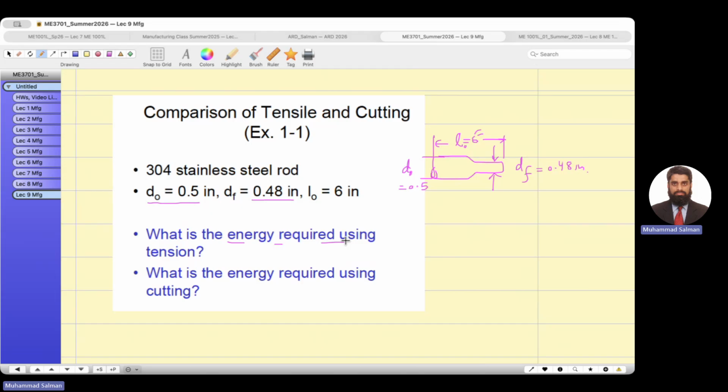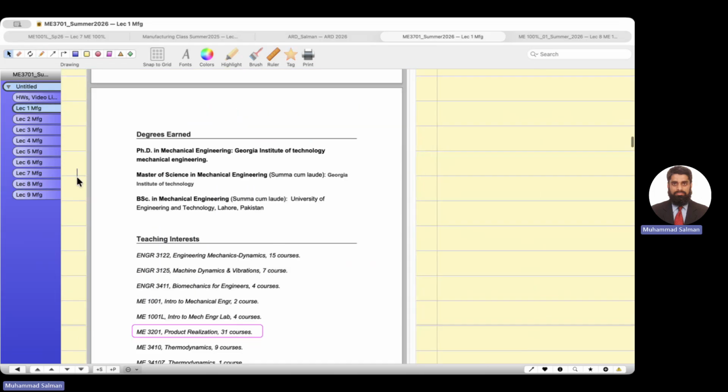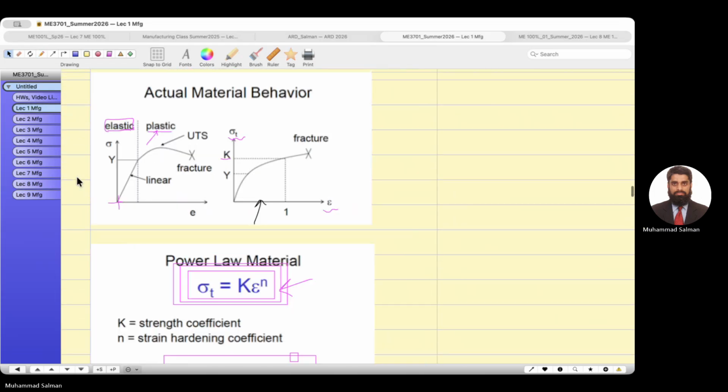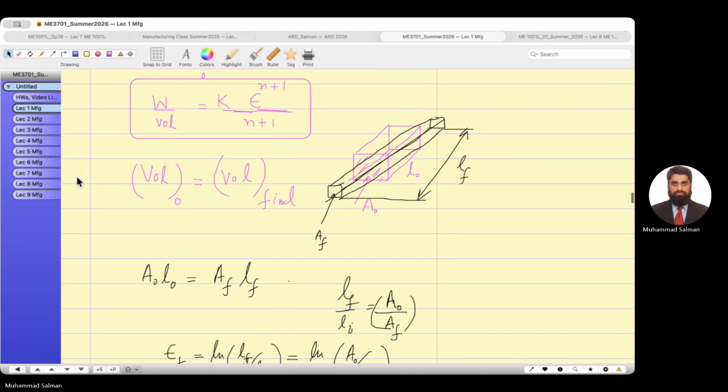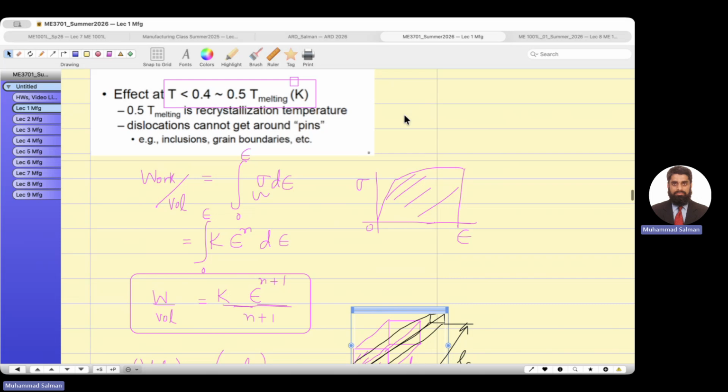What is the energy required using the tension formula? You remember energy required in tension, work per unit volume, average. If I go back to my lecture, I believe I explained this over here. We did this in our first lecture.